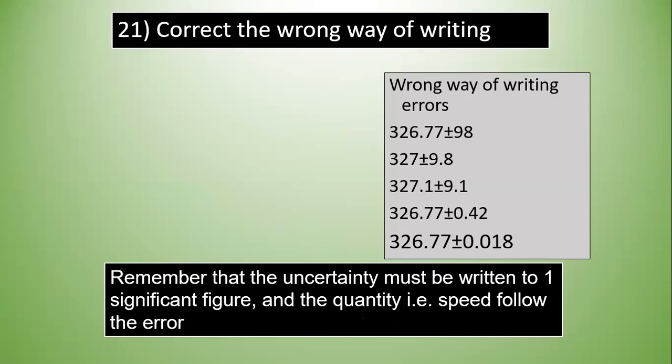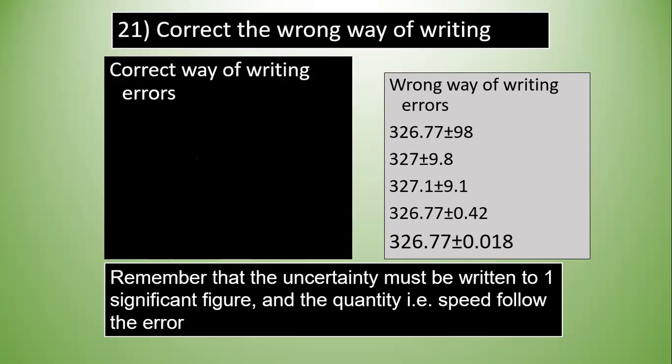You need to remember, uncertainty is one significant figure and the quantity must follow, on the one significant figure that you have decided. Example for this one: 98 has to go to 100. So you should write this one as 300, because 100.